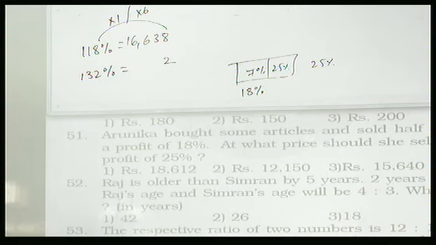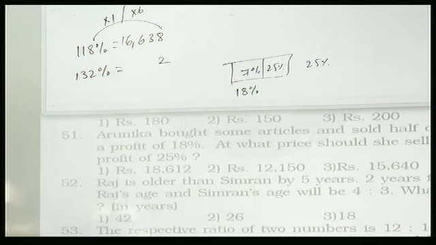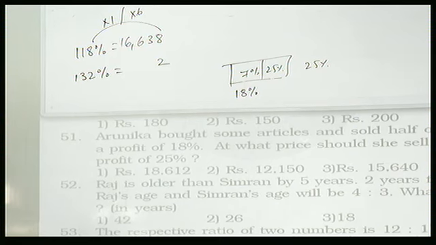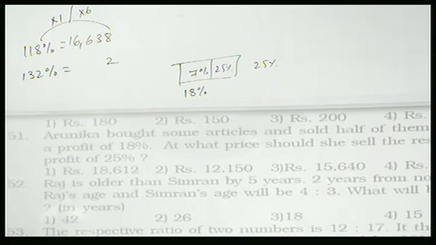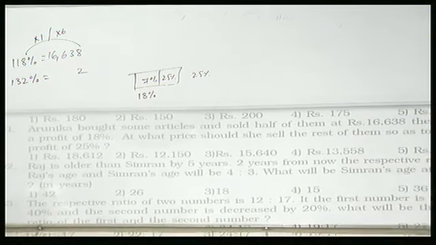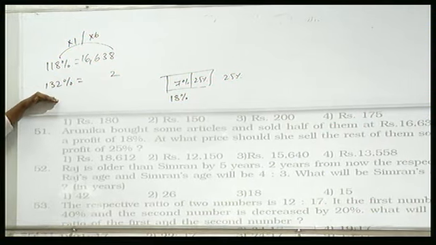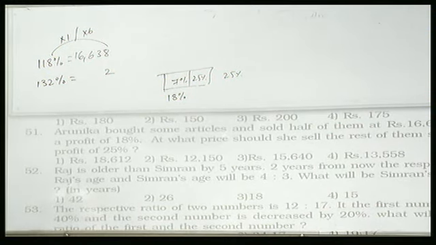In both the cases it ends with 2 only, right? Answer 18,612. Otherwise unnecessarily you have to go for cross multiplication, or using this you need to calculate 100% and then again raise it to 132%. Waste of your time.